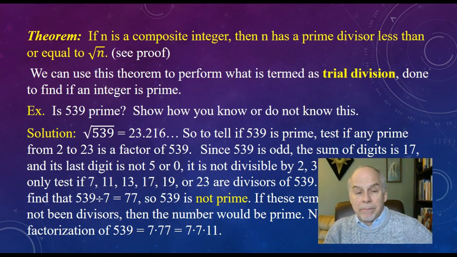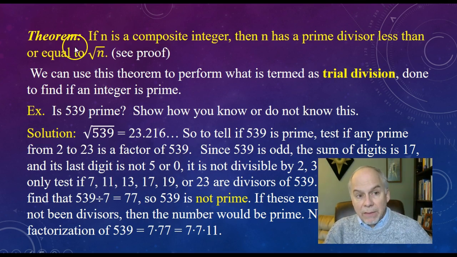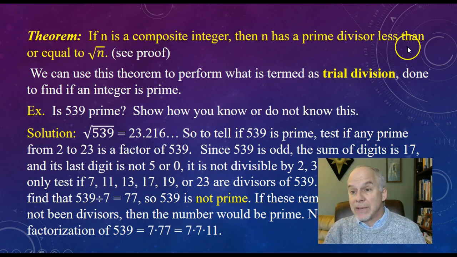Now, a theorem given here on this slide helps us to know when we can stop looking for factors of a number. The theorem says if n is a composite integer, then n has a prime divisor less than or equal to the square root of n.